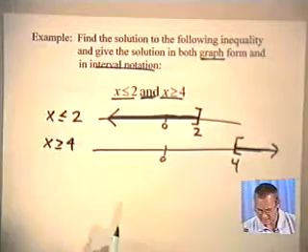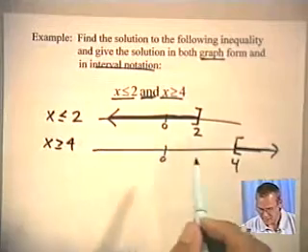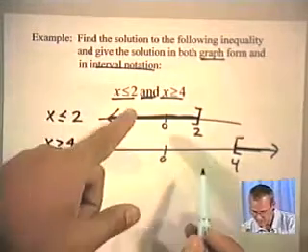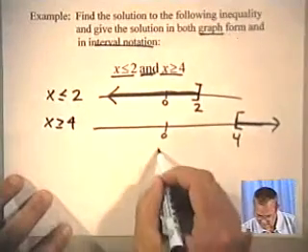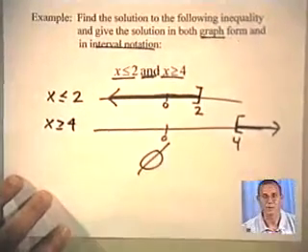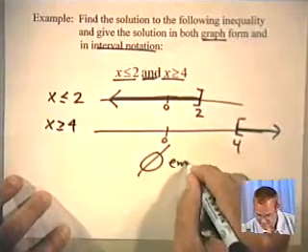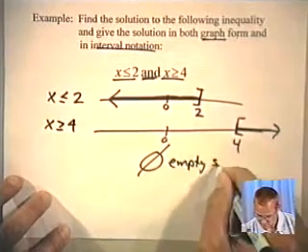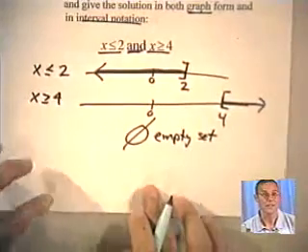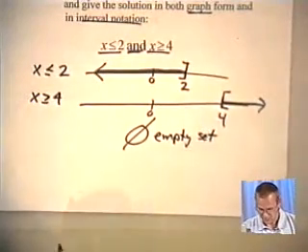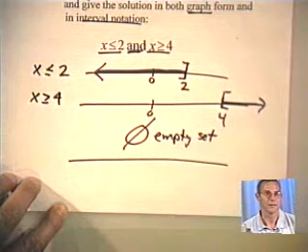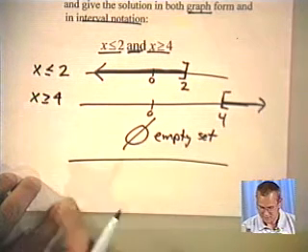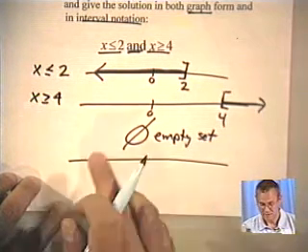What we say is that the intersecting points, or the points in common, are nothing, and in mathematics, we use this symbol, which means empty set. There is nothing in common. Now, if I wanted a graph, I would just simply put the number line with nothing on it. Okay? So the solution is nothing. There's nothing in common.